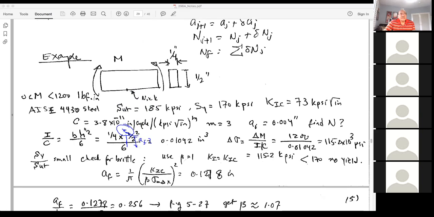And the C factor is given, and m is 3. And the initial crack size is given to be 4 thousandths of an inch. And we want to find the number of cycles to failure.